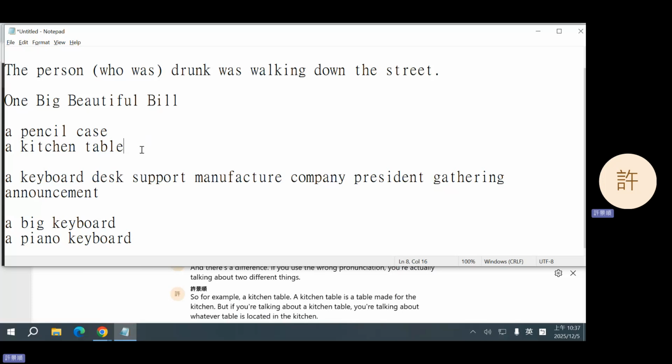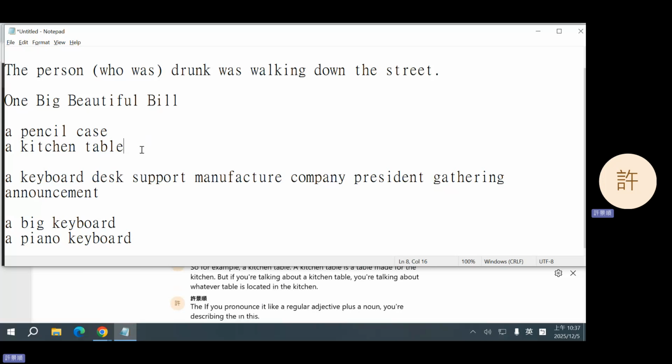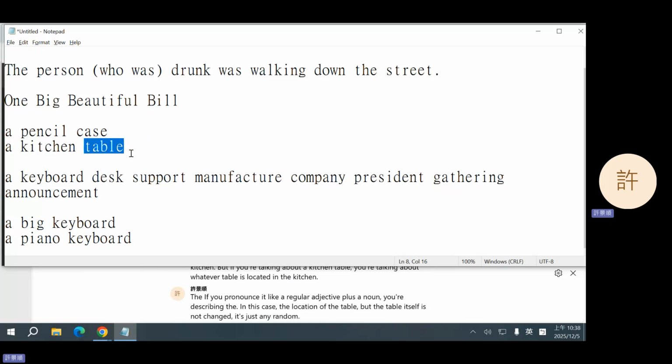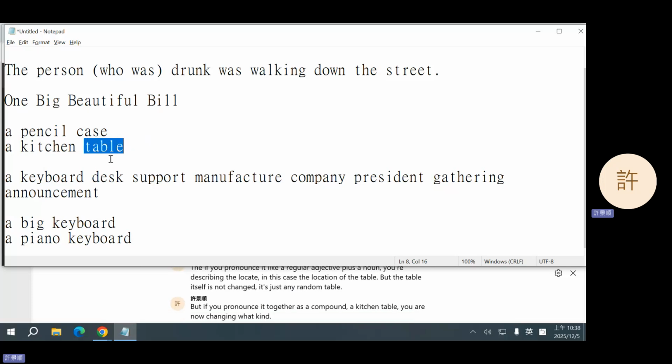If you pronounce it like a regular adjective plus a noun, you're describing in this case, the location of the table. But the table itself is not changed. It's just any random table. But if you pronounce it together as a compound, a kitchen table, you are now changing what kind of table it is. It is a table made for the kitchen.